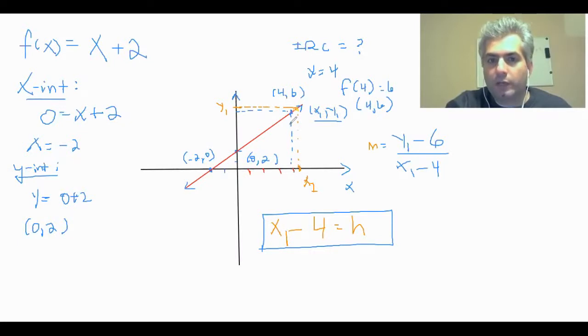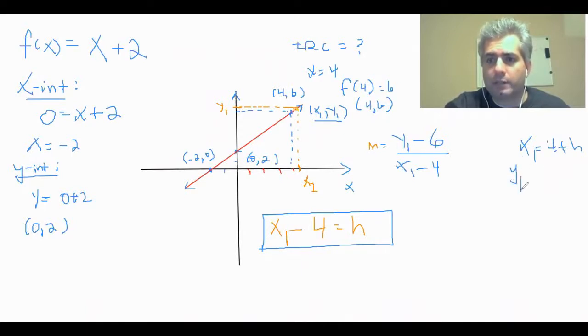The distance between (4, 6) and (x1, y1) on the x-axis is h, so I can represent x1 as 4 plus h. Therefore, y1 is represented by f of 4 plus h.